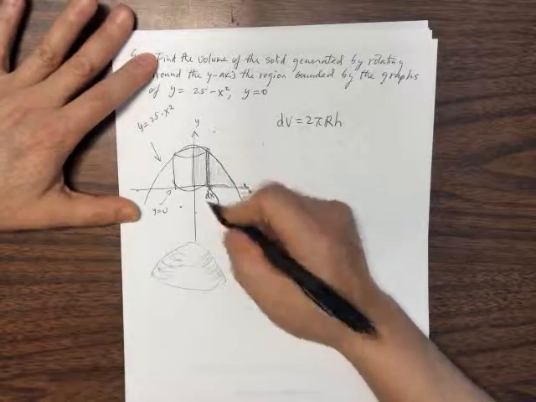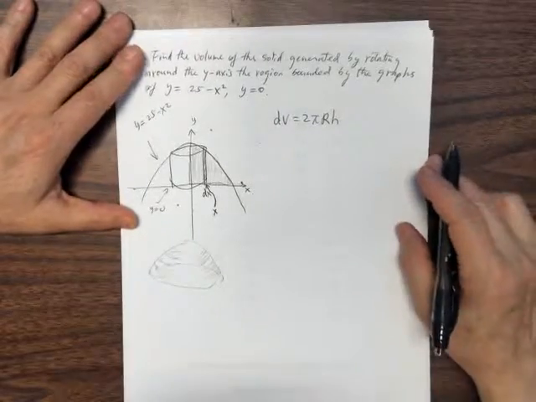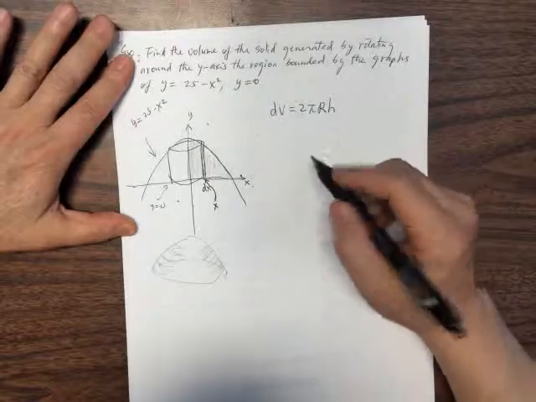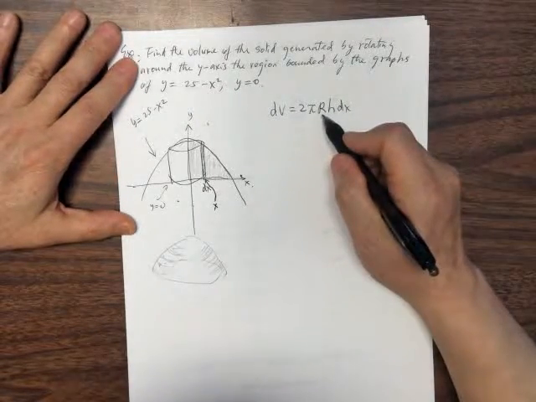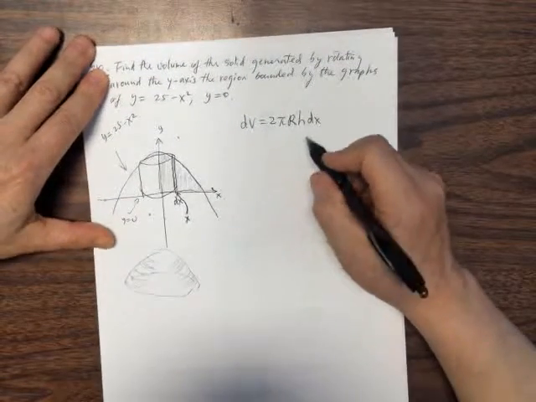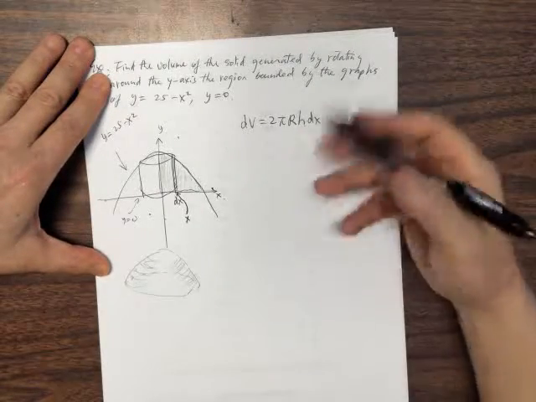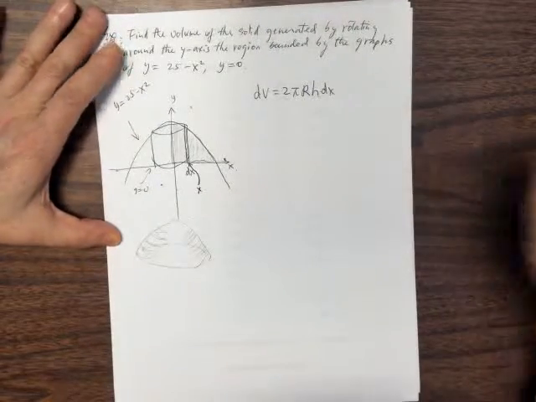We need the fact that the strip is picked up at x. All right. Now, there's a dx, of course. Now let's determine the expression for r to plug in, the expression for h to plug in. So we come up with an explicit expression for the volume of one shell.